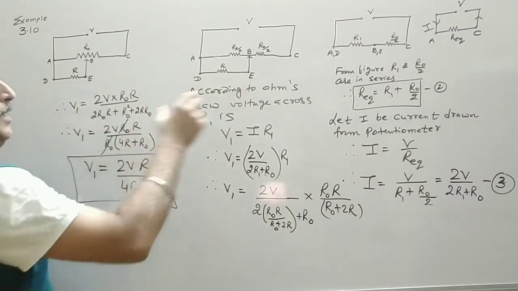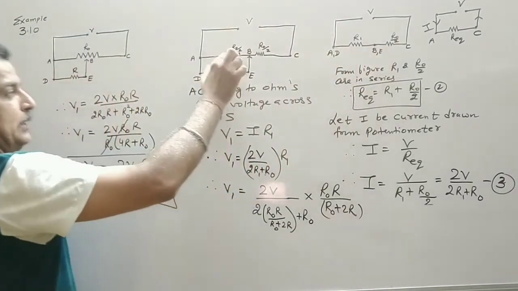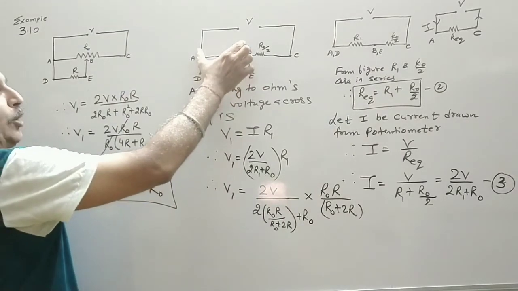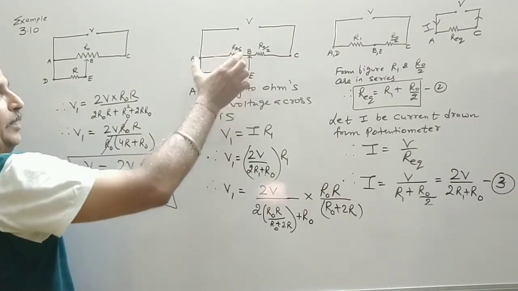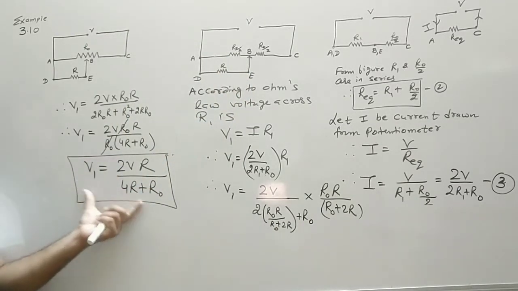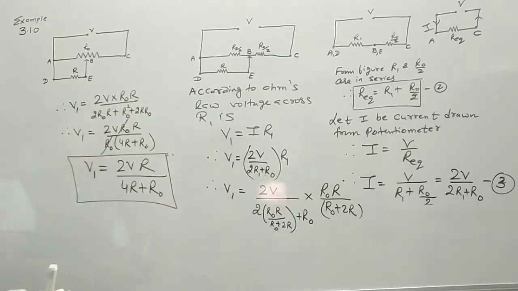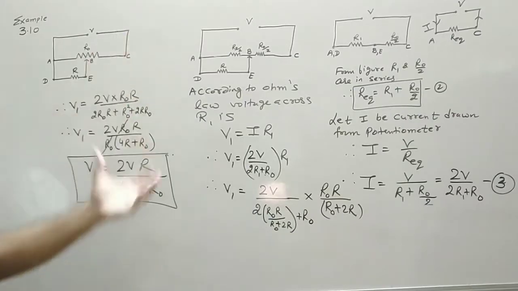So this V1 is a potential difference or voltage across R1, or you can say it is voltage across R0 by 2, or between point A and B or point D and E. Therefore, we can say that this is the voltage across R. So this is one method to solve this potentiometer numerical.